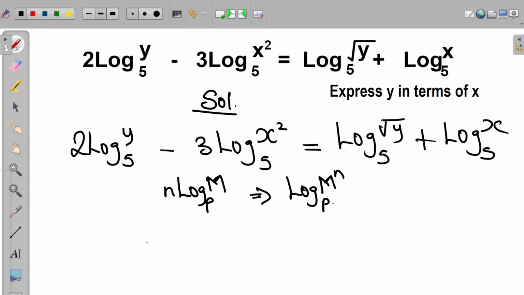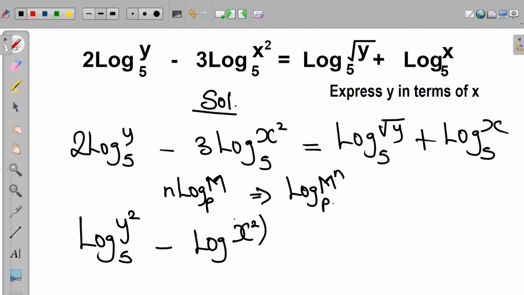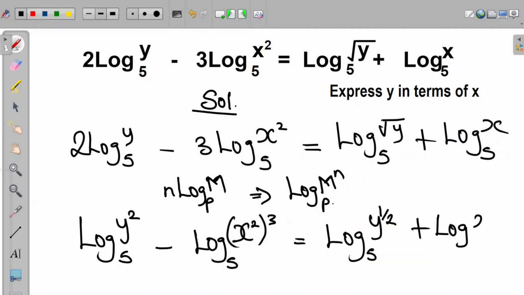So for my equation, this becomes log y raised to the power of 2 to base 5 minus log x squared raised to the power of 3 to base 5 equal to log y raised to the power of 1 divided by 2 to base 5 plus log x to base 5.